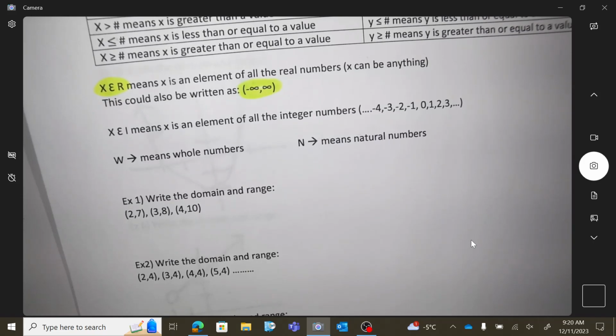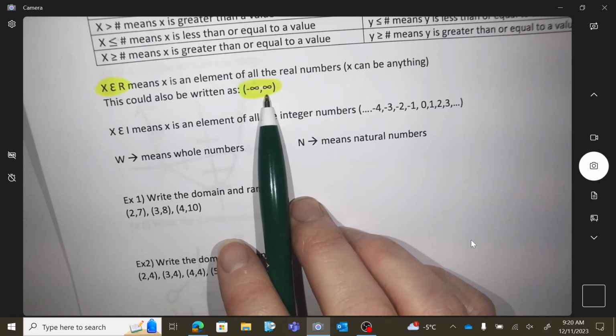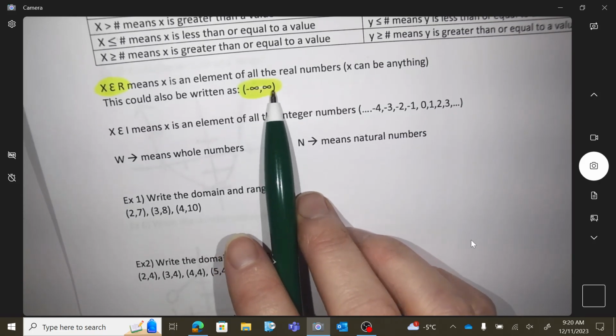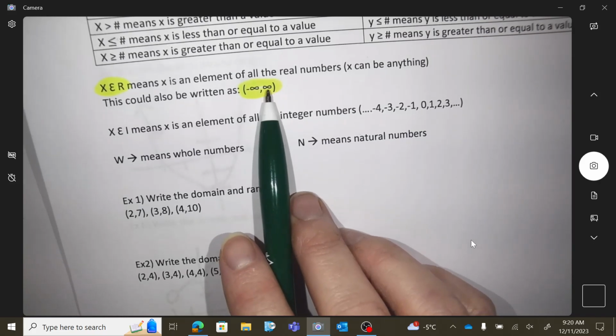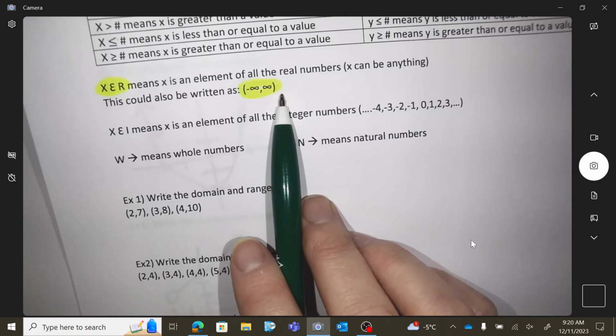is using this. What does this symbol mean? Have we seen that before in math somewhere? Infinity. Okay, so if I talk about order, I would have to go left to right, which means negative infinity to positive infinity.